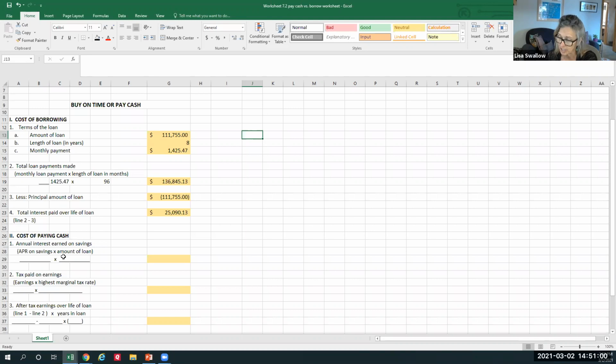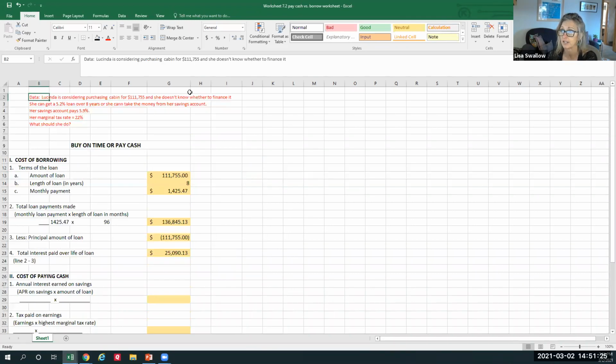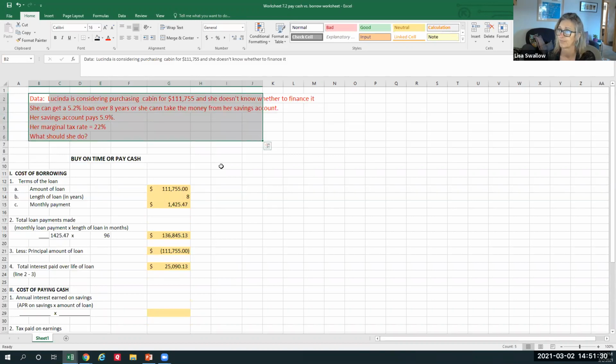The first thing you need to figure out for me is how much interest income she earns every year on her CD. And it's a simple principal times rate times time. How much does she earn every year on her CD? Okay.